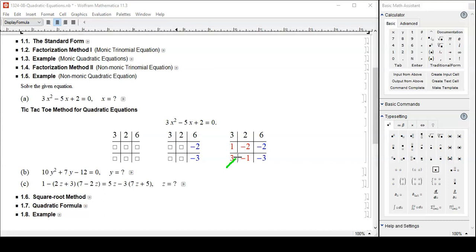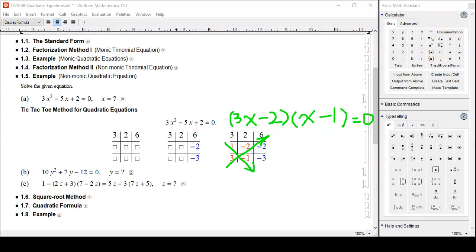So like this. 3 times -2, and then 1 times -1. 3 -2, so 3x minus 2, and 1 -1, 1x minus 1 equals 0, like this. Cross multiplication.